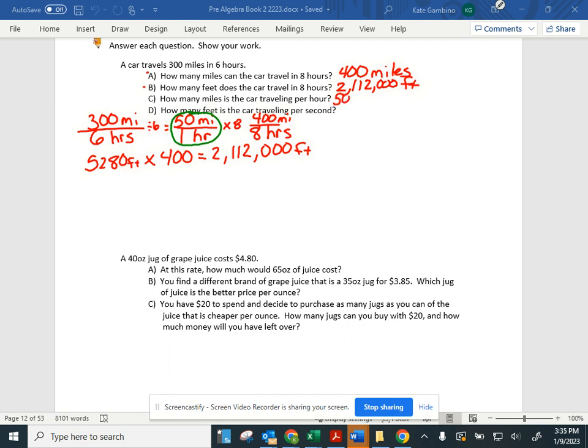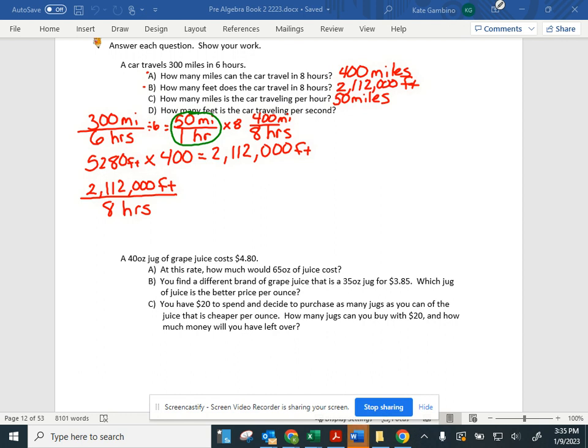So it's traveling 50 miles per hour. Well, how many feet is the car traveling per second? So we're going to go back to doing that converting again. So we know that there are 2,112,000 feet in 8 hours.